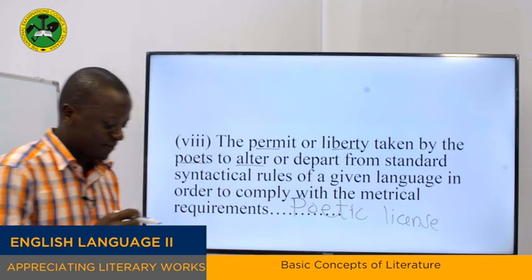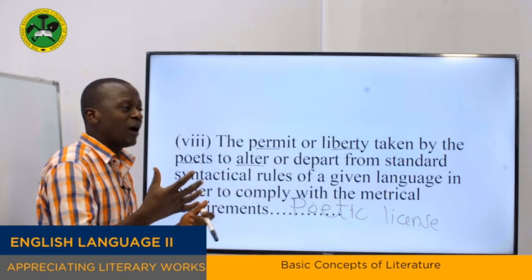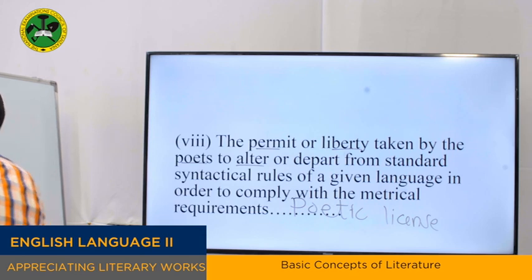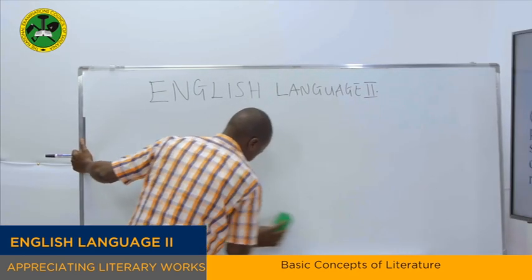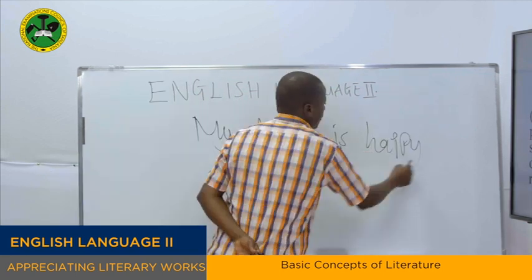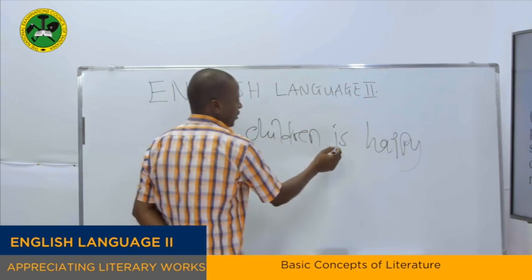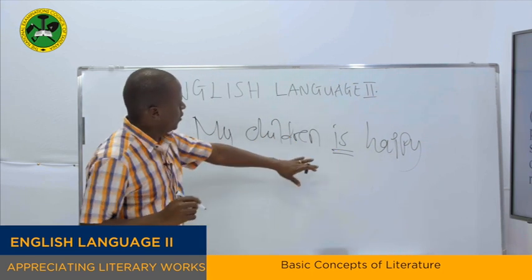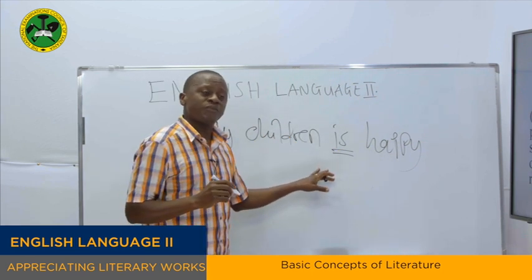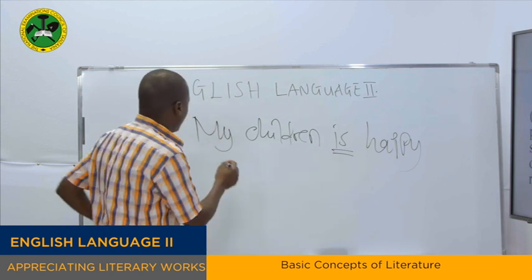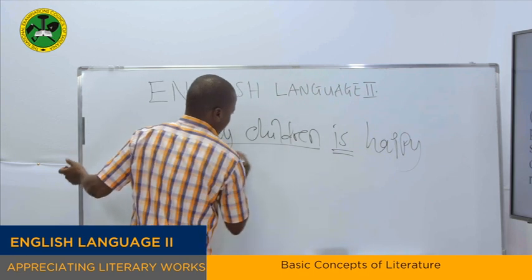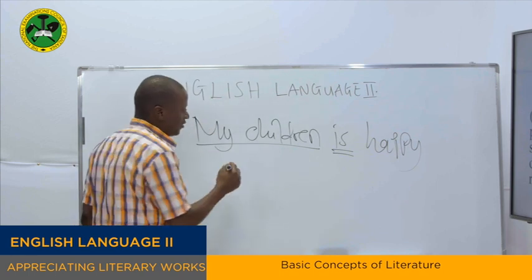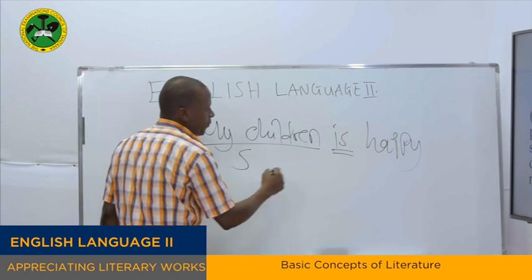Poetic license. For them, when composing a poem, a verse may read this particular way: my children is happy. Now here, there's something wrong. Look here, this being a subject, there's no concordial agreement between a subject and a predicate.